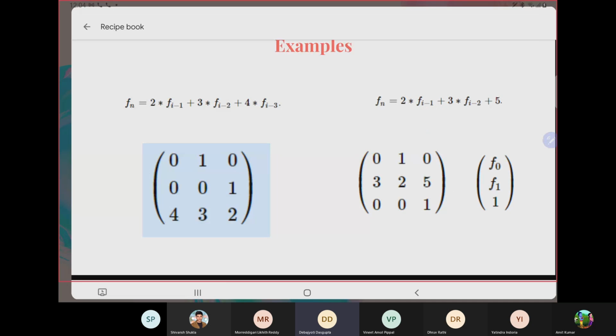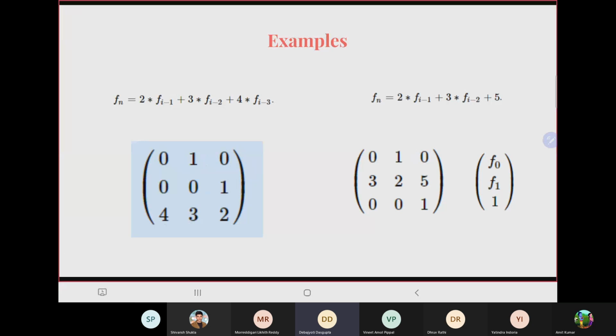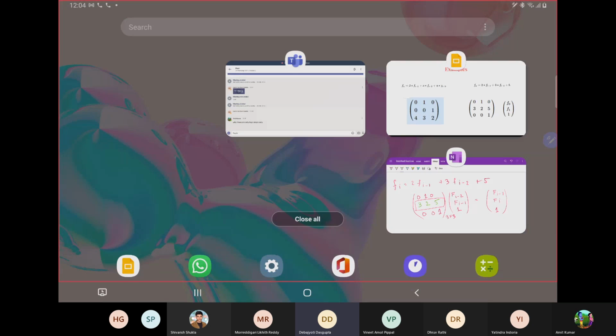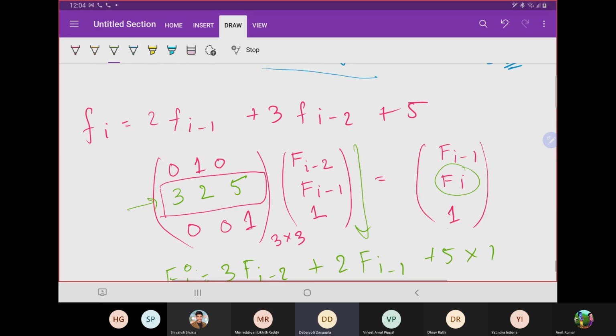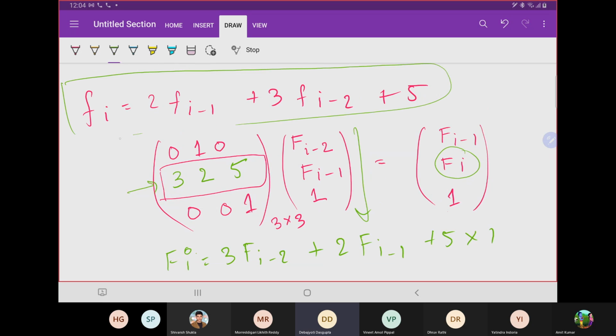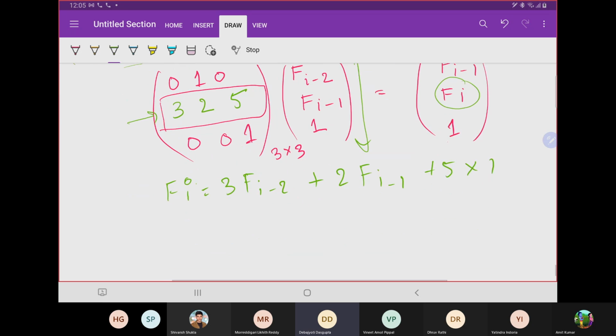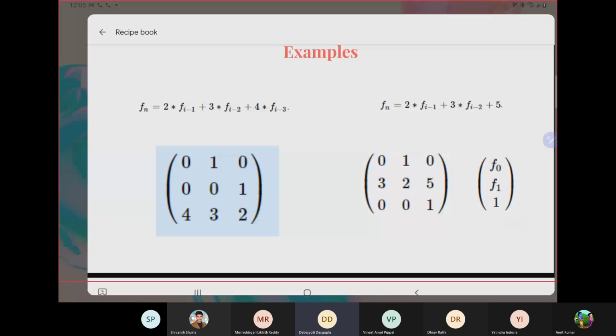Once you do that, you will get f of I. If I take the product of this and this factor, I will get 3 into f of I minus 2 plus 2 into f of I minus 1 plus 5 into 1, which returns f of I, which has the definition of this. So we get this back using this matrix multiplication.